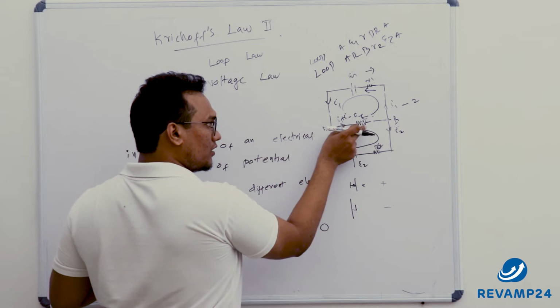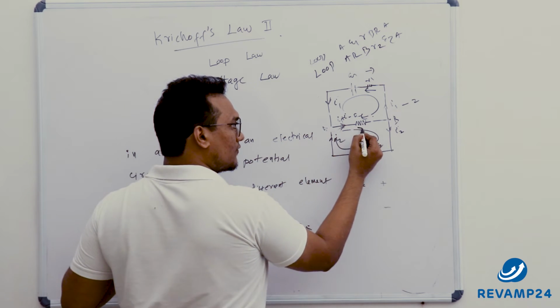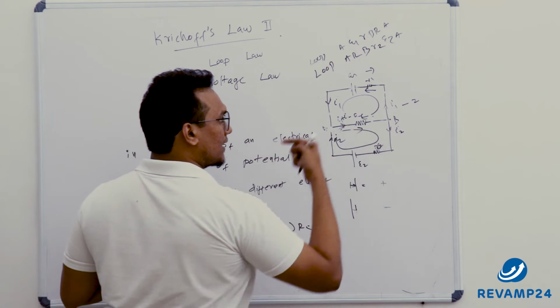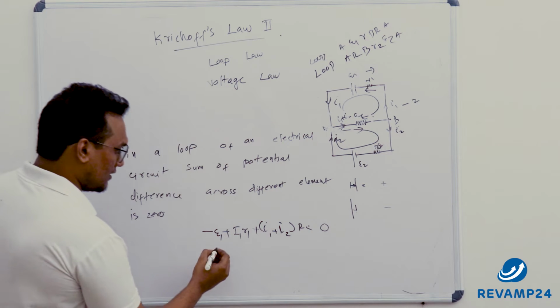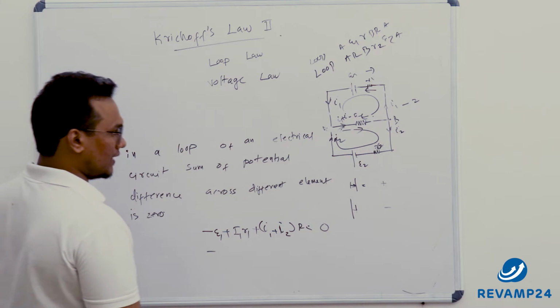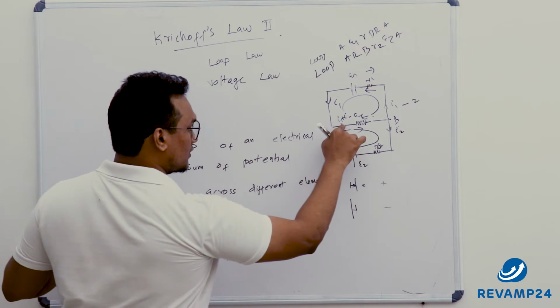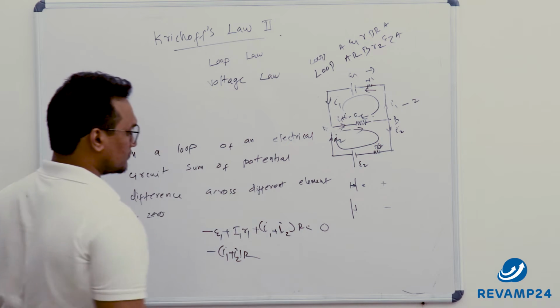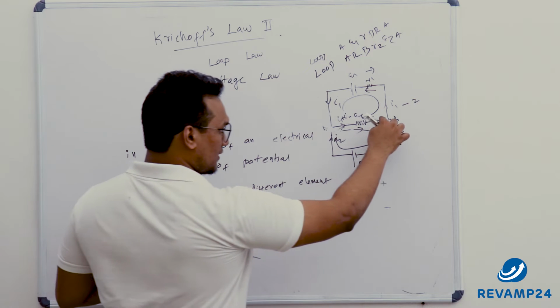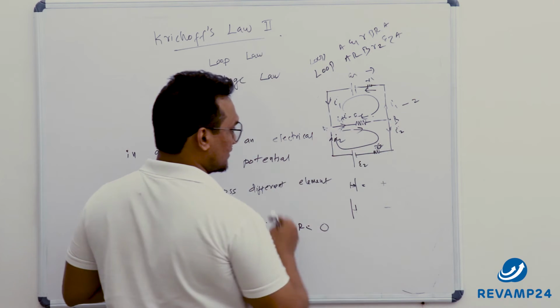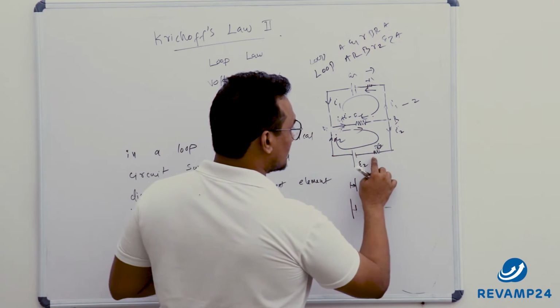Now the movement of the finger, or the direction of the loop, and the direction of current is the same. So in that direction, the potential drop will be negative. That is (I1 plus I2) into R, with a minus. Now we are coming in this direction. We are seeing a resistance.